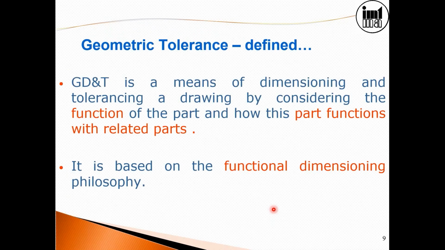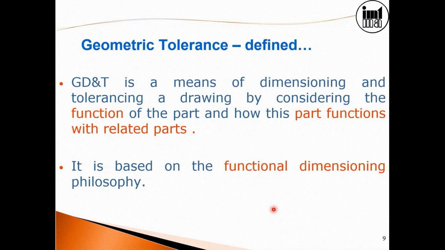GD&T is also called functional dimensioning and tolerancing. The reason is GD&T understands the functional requirement. Let us say two parts are assembled. When you ask it to understand the functional requirement, it accordingly varies the tolerance. Look at this. In a conventional plus minus tolerance system, once the tolerance is given, it is fixed.